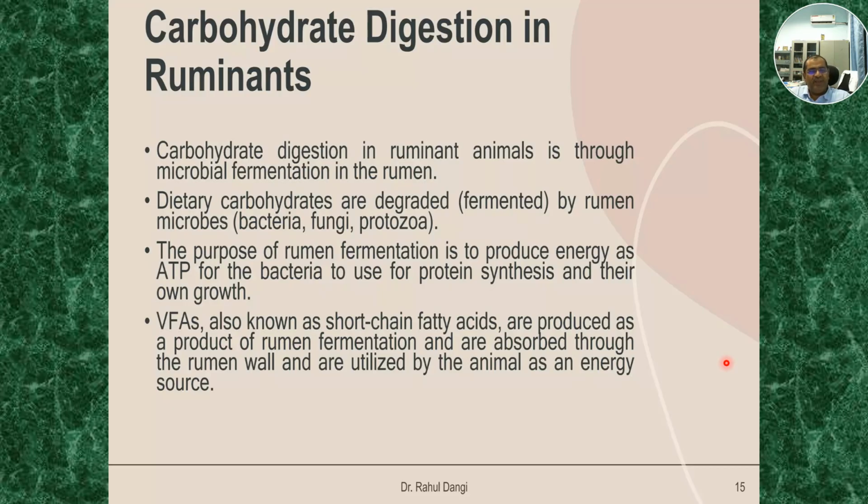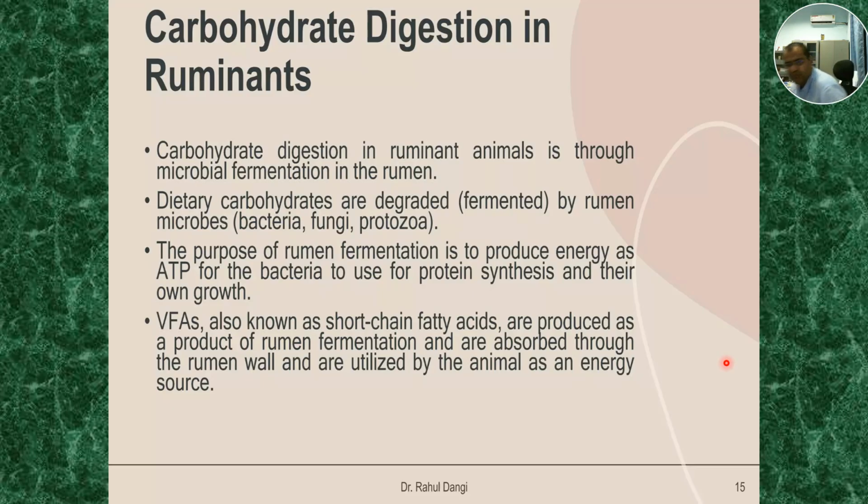The purpose of rumen fermentation is to produce energy as ATP for the bacteria to use for protein synthesis and their own growth. There are many hypotheses about how protein is converted to fat and fat is converted to protein, and vice versa, in many of the domestic animals.